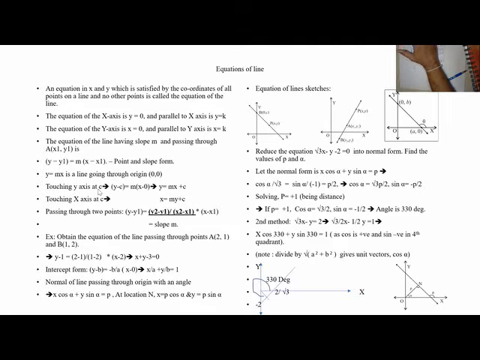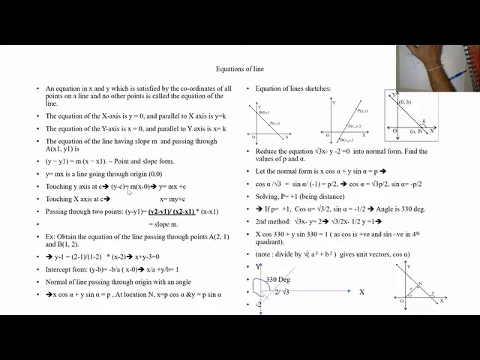Now if it is touching the y-axis at c, what are the coordinates? The point is (0, c). What is given here? Touching the y-axis at c. That means the y point is c and the x point is 0.